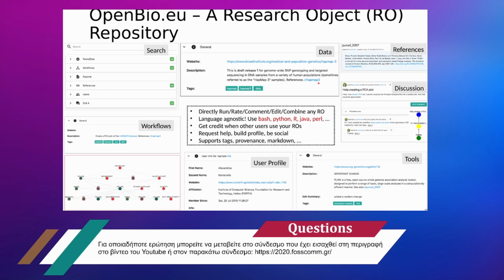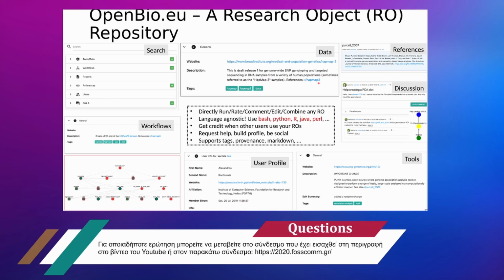And so this is my last slide. The whole idea, if you go to OpenBio.eu, is that you have a unified environment where you can publish your tools in the Bash language. A tool is a set of Bash commands that download these tools, and then you can combine tools with other workflows into workflows.